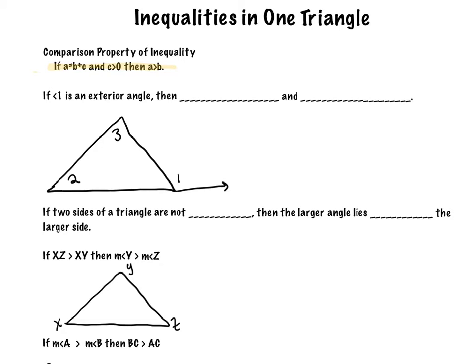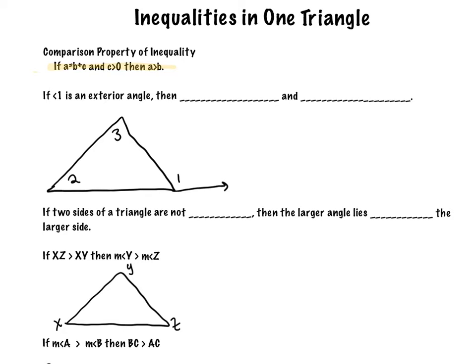The other thing about that: anybody remember what the relationship was between the exterior angle 1 and the two interior angles 2 and 3? I add 2 and 3 and I can get 1, right?